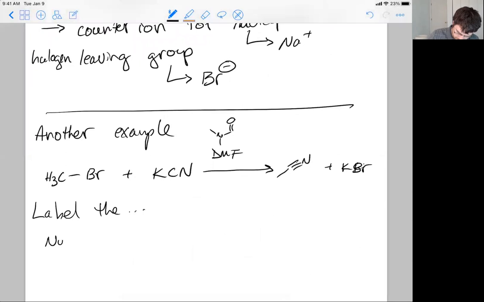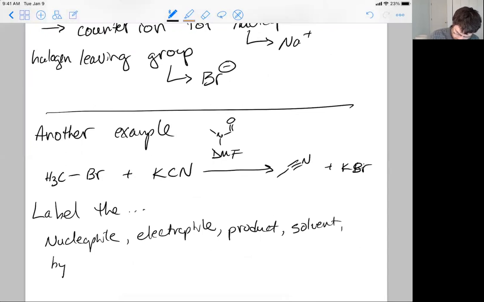Okay, now let's label everything. So we want to label the nucleophile, the electrophile, the product, the solvent, and the byproduct.